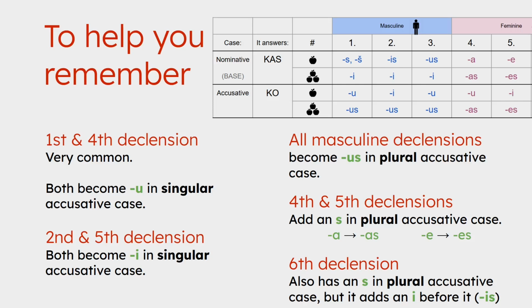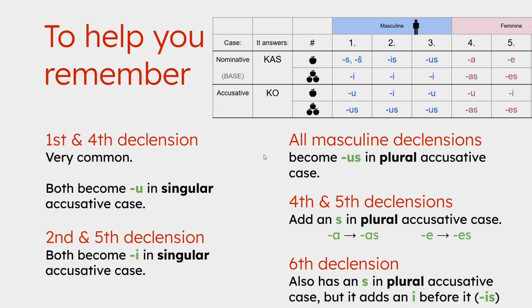So this is additional just to help you maybe remember. If it's confusing, just skip over this, but this can help you maybe start to see a couple patterns. To me, the first and fourth declension, so over here and over here, they're quite similar. They are both very common declensions, and also, as you can see, they both turn into u, just like this.